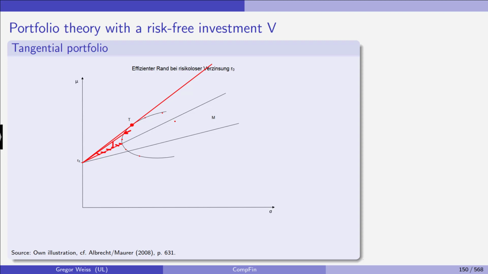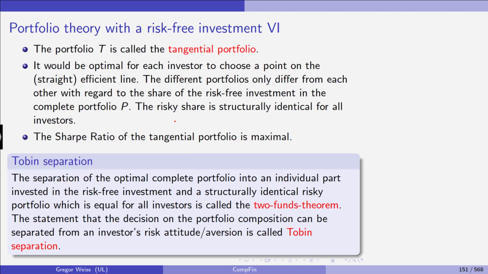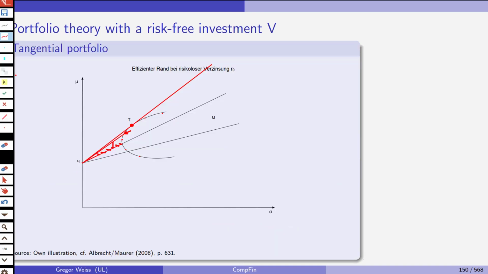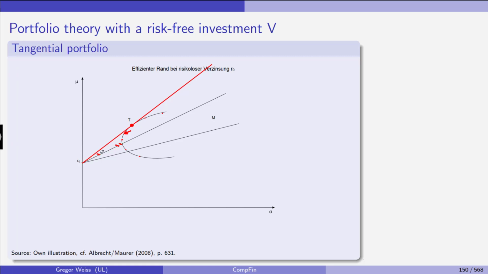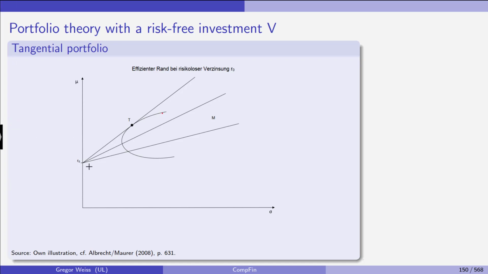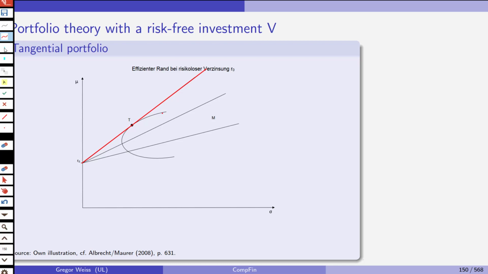And this is the Tobin separation, the famous two-funds theorem. The Tobin separation tells you what? If you're given n risky securities and one risk-free investment, the efficient frontier becomes a line, actually the tangent line, and you can choose any point on this tangent line.